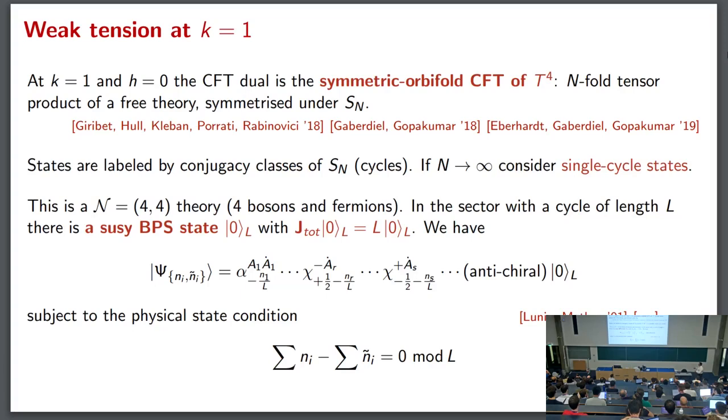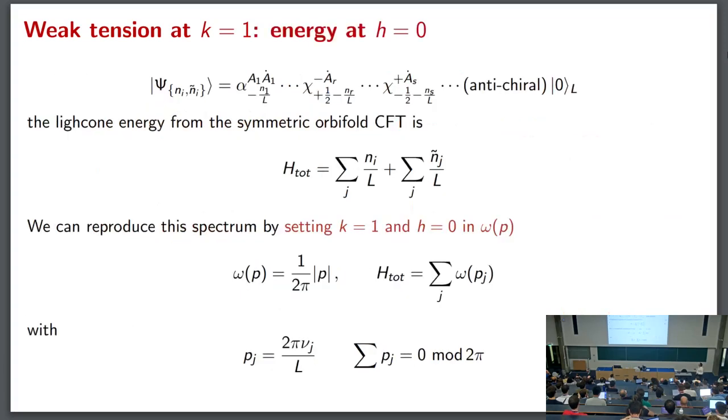This is a way that you construct the spectrum, and the spectrum that you find is actually pretty simple. So this is my state. The spectrum here is just the sum of n_i over L plus the sum of n tilde over L. You just sum up all the mode numbers, essentially, just as if we were a free theory, and you have to just divide by L. If we go back to our dispersion relation, and you put h equals 0 and k equal 1, we have only one type of particle, the one with mu equals 0.